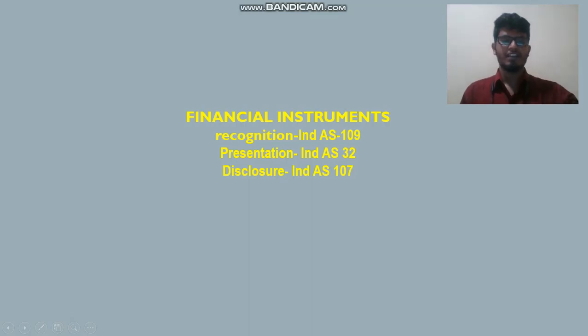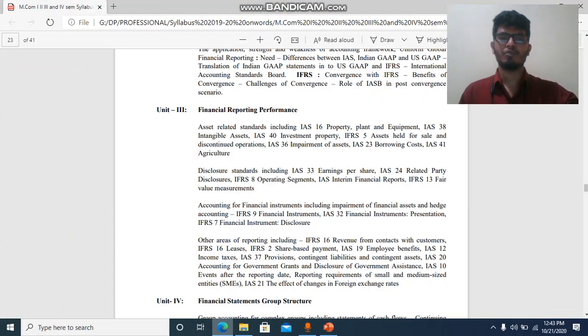Hello everyone. As I informed, I'm going to handle the accounting for financial instruments, including the impairment of financial assets and hedge accounting in IFRS subject. Here I'm handling three accounting standards: IFRS 9 or Ind AS 109, IAS 32 or Ind AS 32, and IFRS 7 or Ind AS 107.